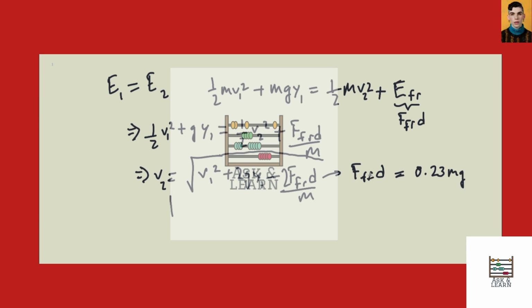So force of friction times d, F_fr, pardon my terrible writing there, force of friction times d is 0.23 times m g times d, therefore, okay? So v2 turns out to be the square root of v1 squared plus 2 g y1 minus 2 times 0.23, which is 0.46, so 0.46 times g times d, because the mass in the denominator cancels with the mass in the numerator.